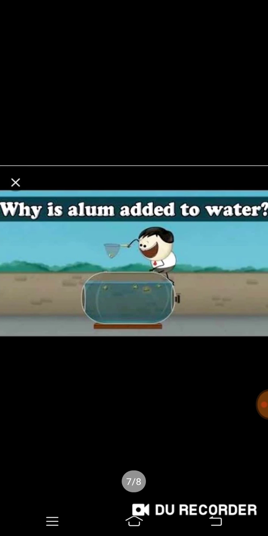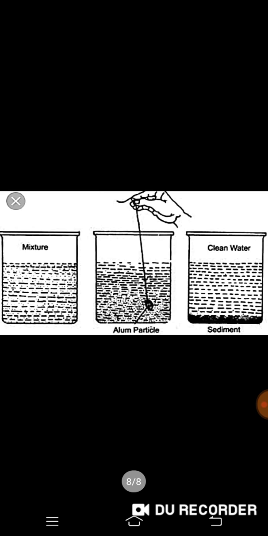Alum is one such substance. Now you are just thinking, why is alum added to water? A small amount of alum is added into the water and alum particles get attached to the suspended impurities. It attracts impurities towards it and makes them too heavy, so they settle down much faster.